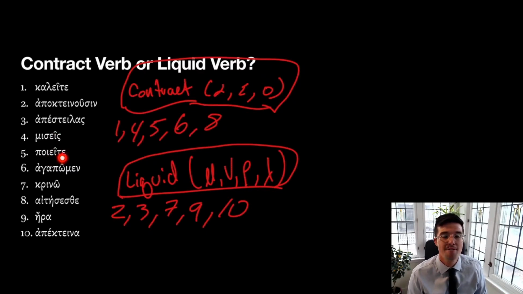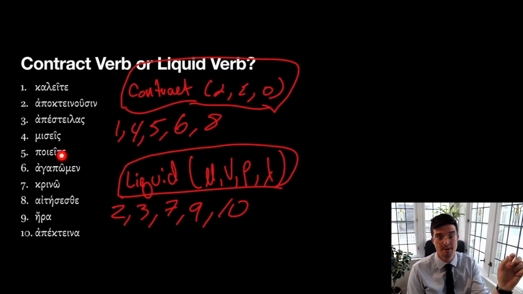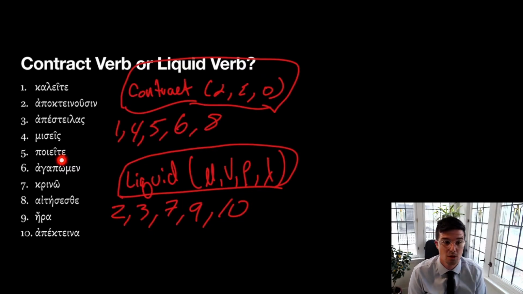Agapomen is an alpha contract verb, agapao, and then when the alpha and the omega combine, the alpha from the stem root and then the omega from the men ending, it makes that omega there with the circumflex over it. And then number 8 is from iteo, and in this case contraction has not happened because we have a future.